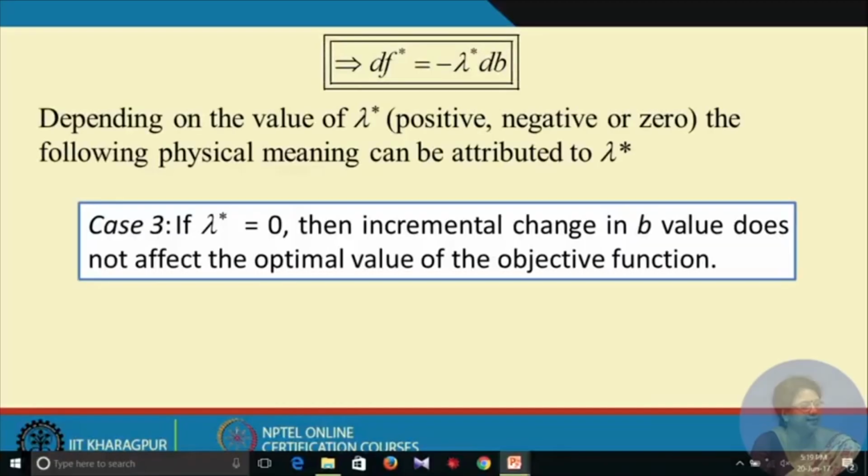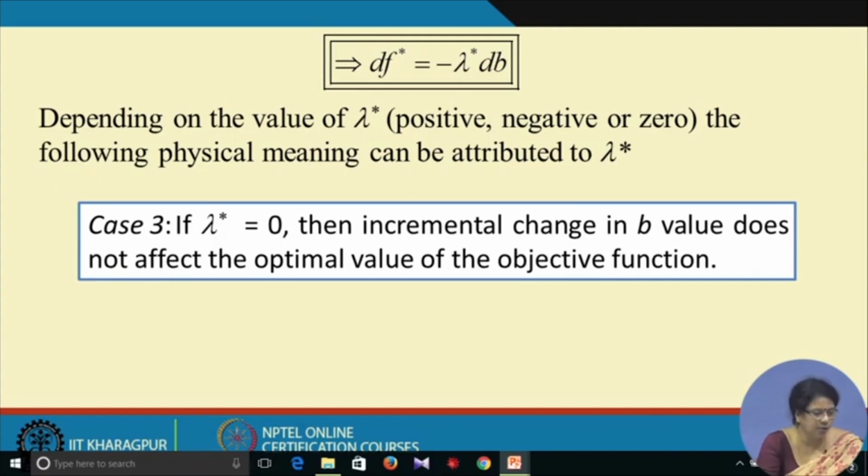For lambda star equal to 0, it has no effect even if I change b. Hope it is understandable. That is why lambda star gives a lot in the economic interpretation, and it is named the shadow price in optimization problems.